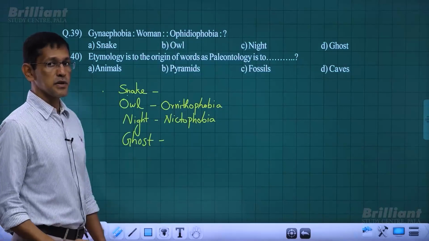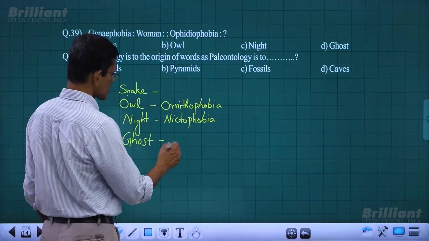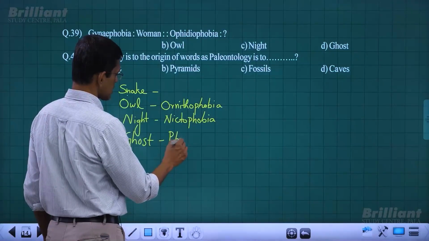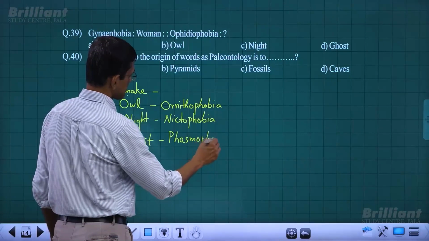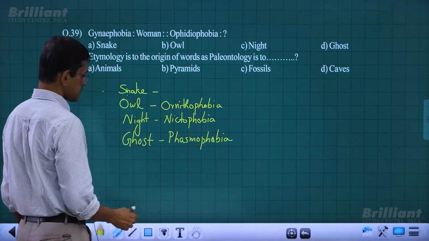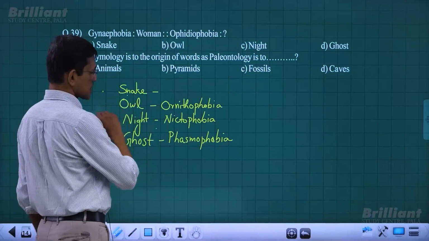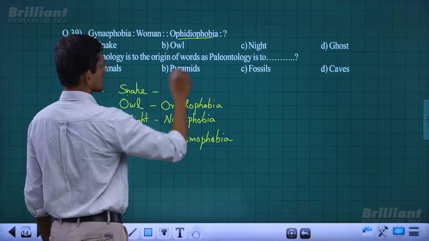Even I had that phobia when I was a child. That is called phasmophobia. So ultimately, what is the answer? Ophidiophobia is the phobia of snake. So snake is the answer.